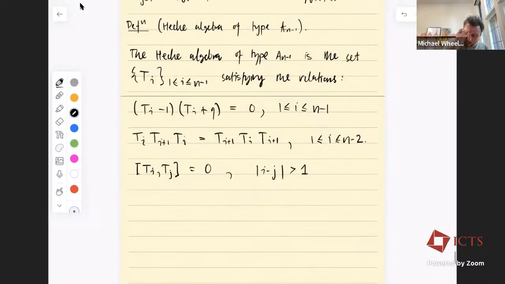And so the Hecke algebra is going to show up here because there is a very well-known representation, which is in terms of so-called Demazure-Lusztig operators. It's called the polynomial representation.